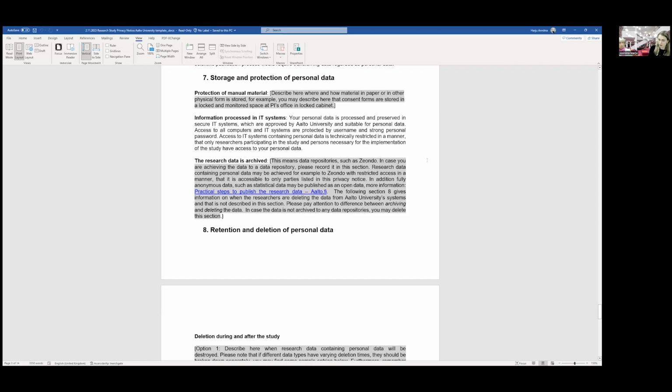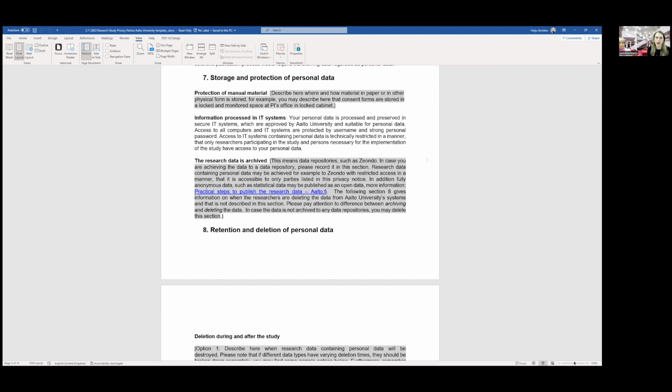But again, if this is not applicable for your case, for example, we have cases where, for some reason, the data is not stored in the typical Aalto systems, or if the parties act as joint controllers and the data is not actually stored in Aalto University systems, you still need to edit this section.